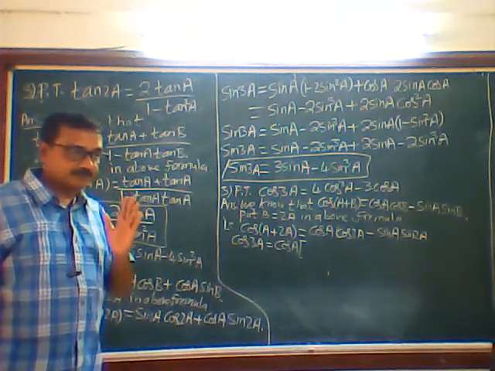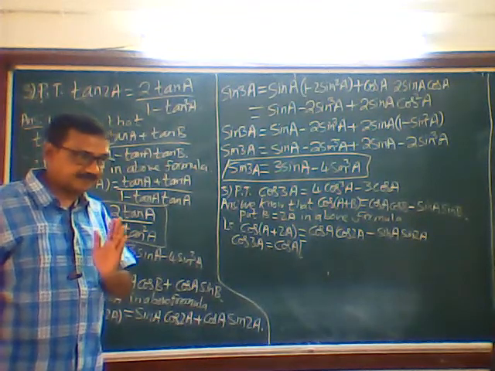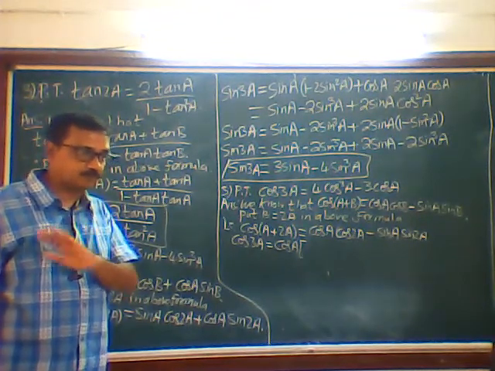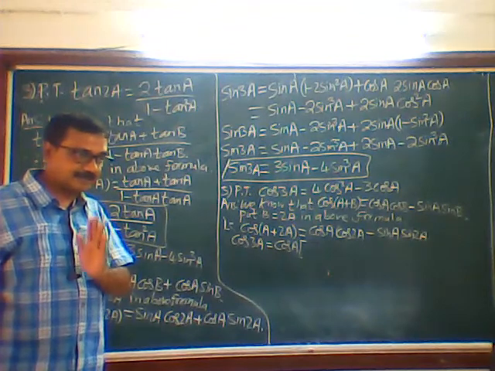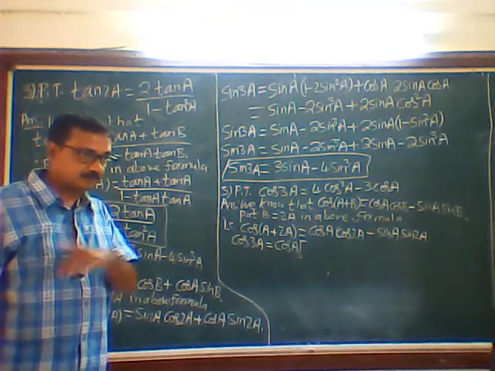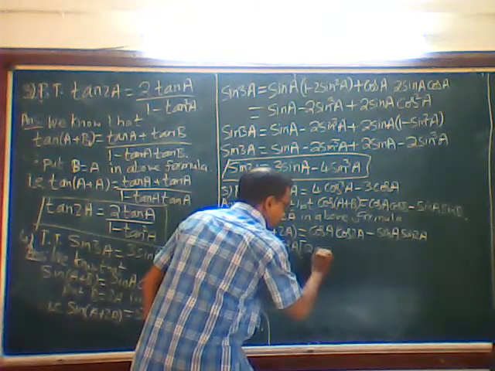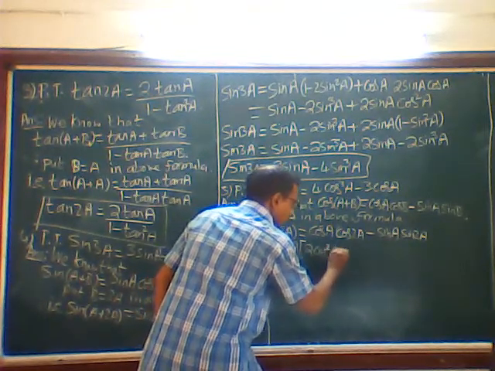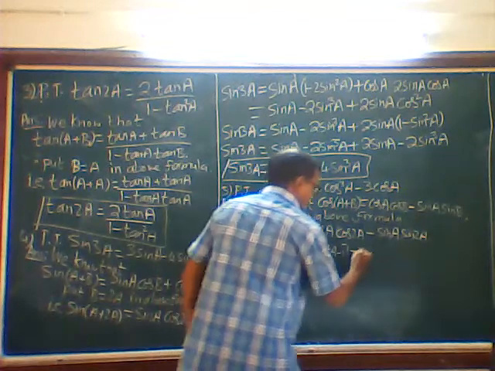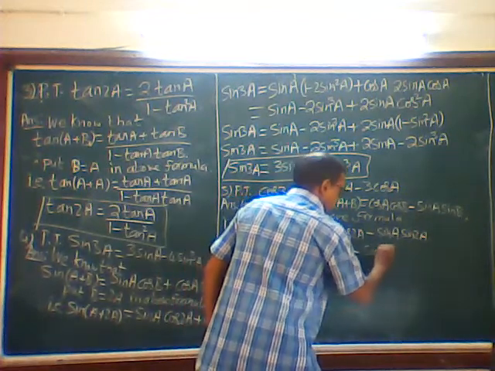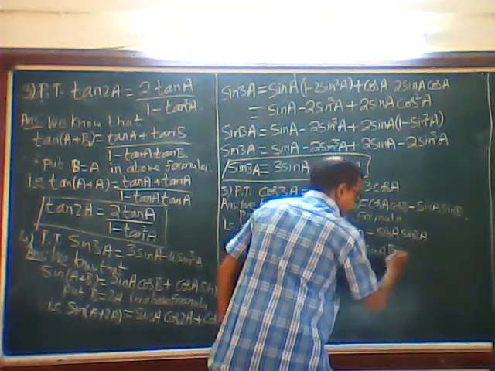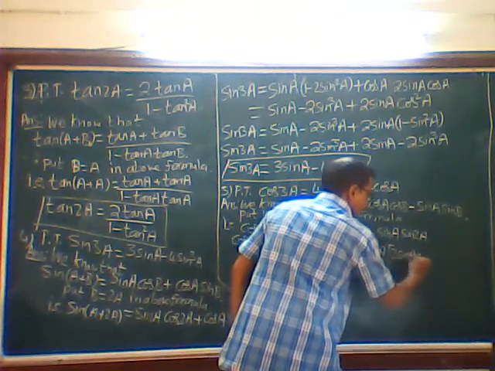Then what will happen? Cos square a as it is, minus that sin square a will become 1 minus cos square a. If I open that bracket, minus 1 plus cos square a, so it will become 2 cos square a minus 1. So this will be 2 cos square a minus 1, minus sin a as it is. Again the sin 2a is written as 2 sin a cos a.